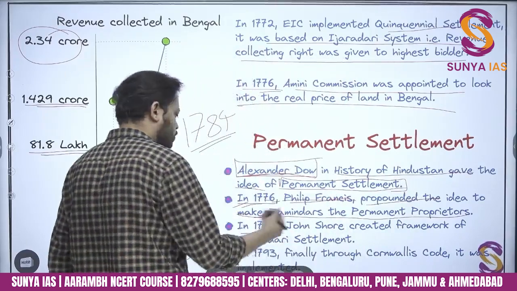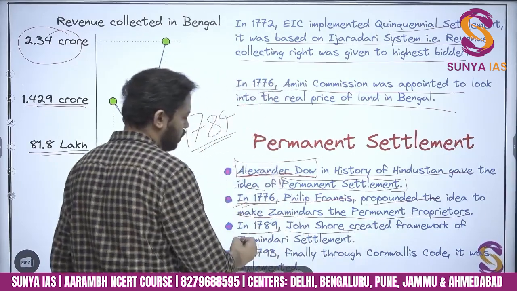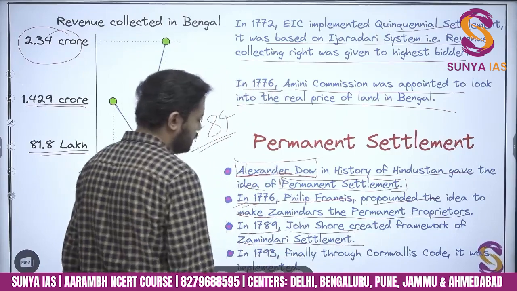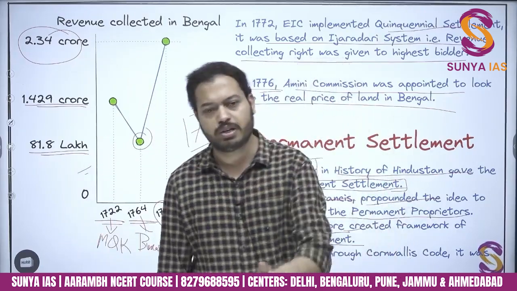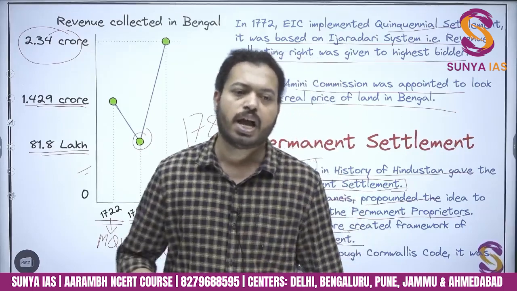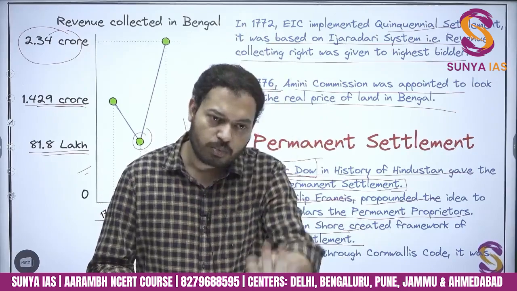So based on this, in 1789, finally John Shore created the framework of zamindari settlement, and this zamindari settlement was then implemented as a part of the Cornwallis Code in 1793, and then it is called permanent settlement. This is the whole process of permanent settlement.